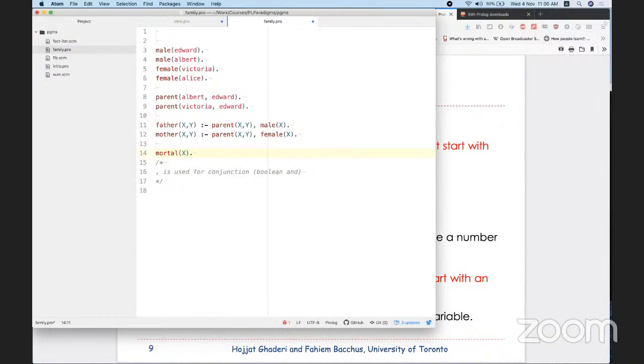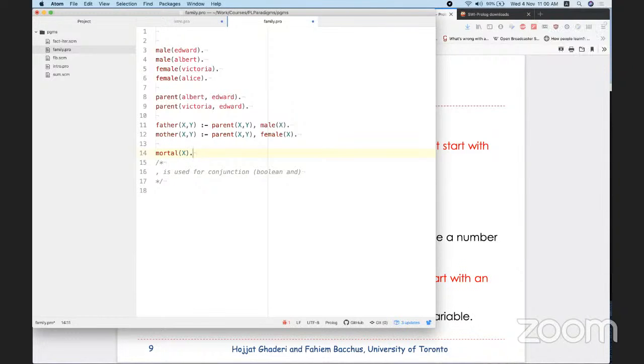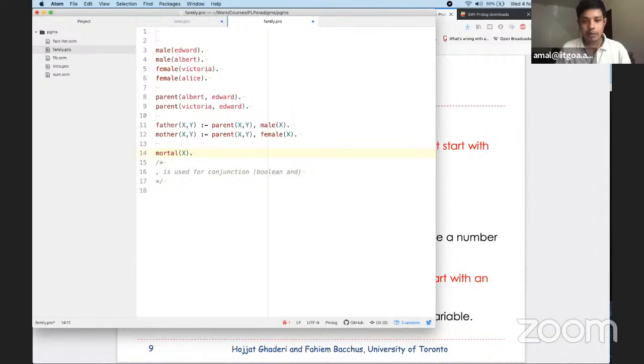Maybe it means that mortal of X is always true. Yes. It will mean that for any value of X, mortal of X is true.